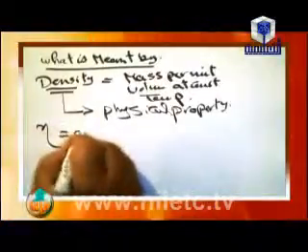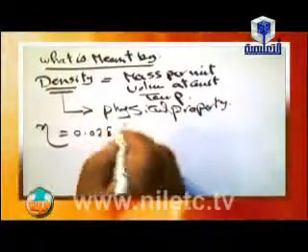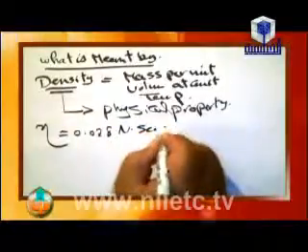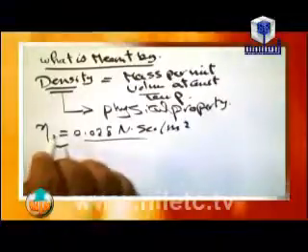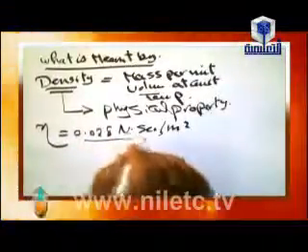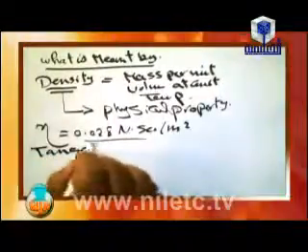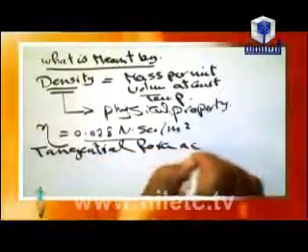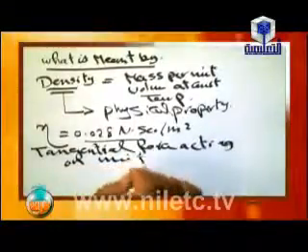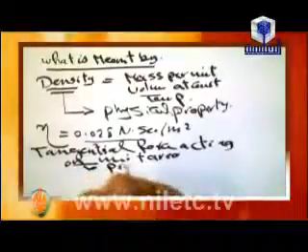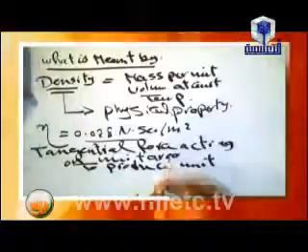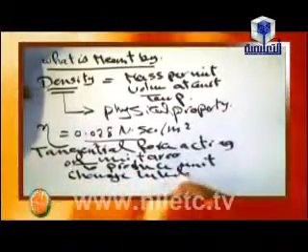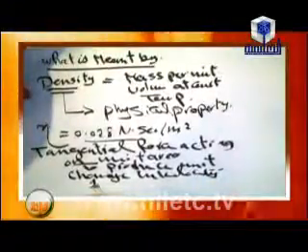Eta, the coefficient of viscosity, equal to 0.028 Newton second per meter square, means that it is equal to the tangential force acting on unit area to produce a unit change in velocity between two layers 1 meter apart.